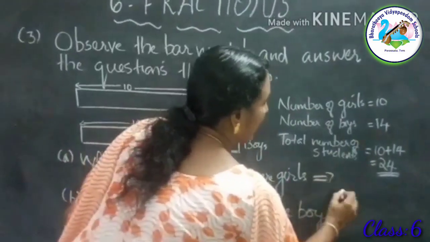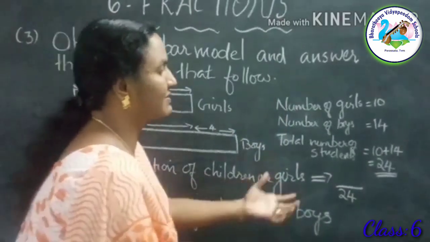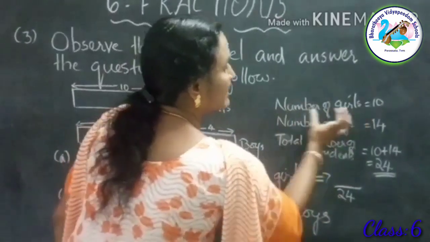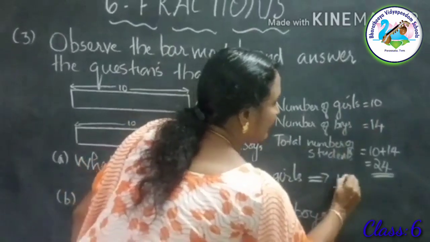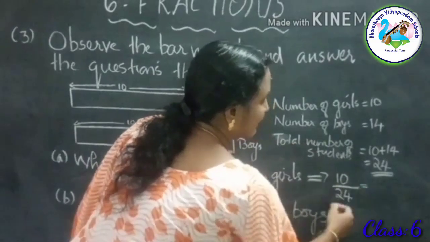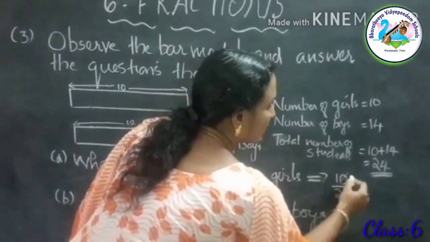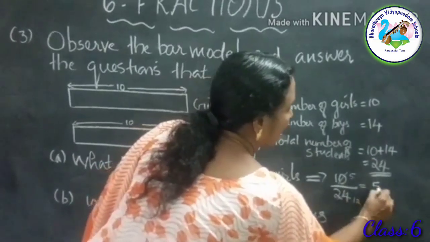It implies out of 24, what fraction of children are girls? Out of 24, how many children are girls? 10 children are girls. So 10 by 24, you can cancel by 2. 5 2s are 10 and 12 2s are 24. So 5 by 12.